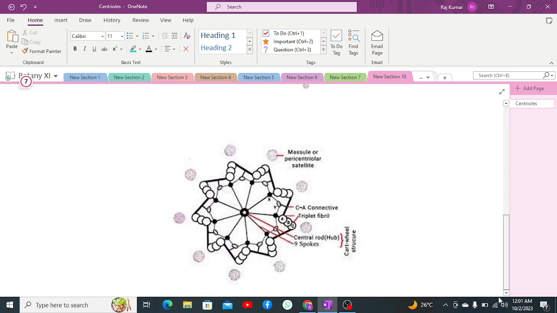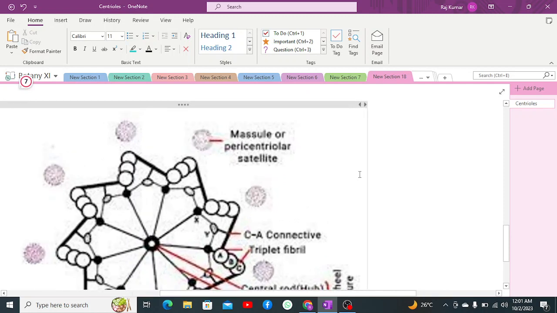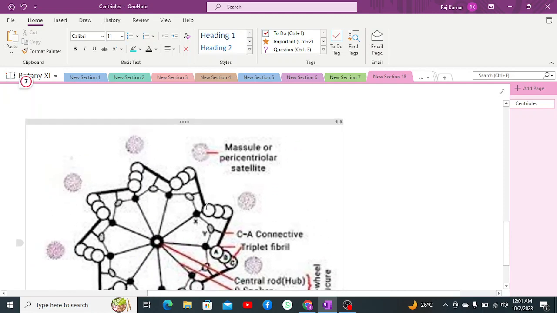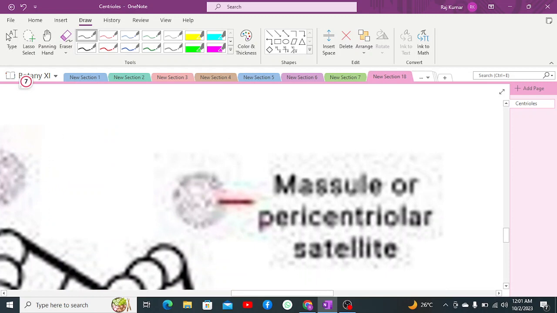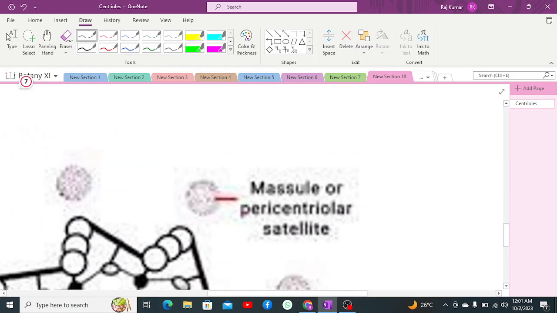Another thing I would like to discuss is how the microtubules are arranged. As you can see on the screen, the microtubules have names: A microtubule, B microtubule, C microtubule, and so on.